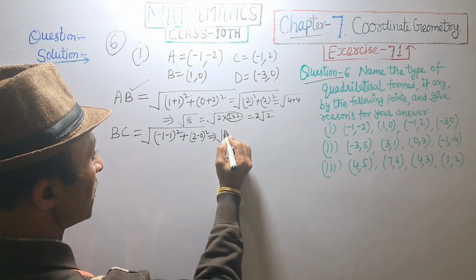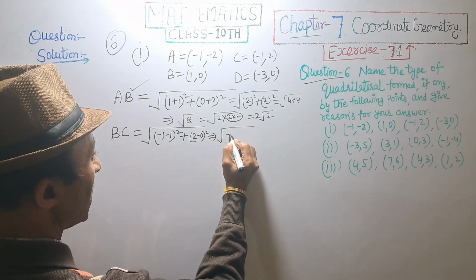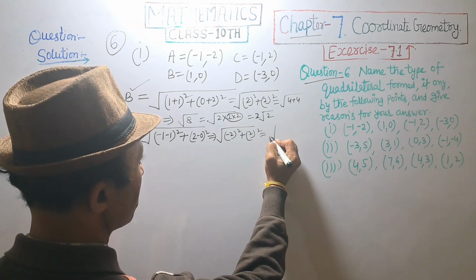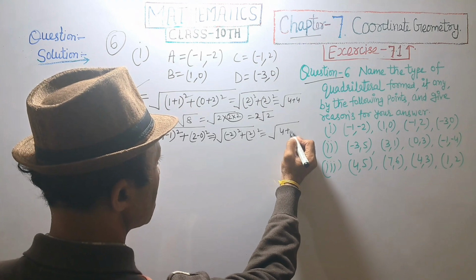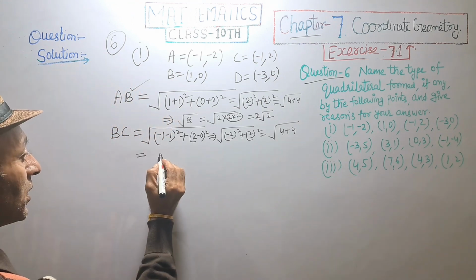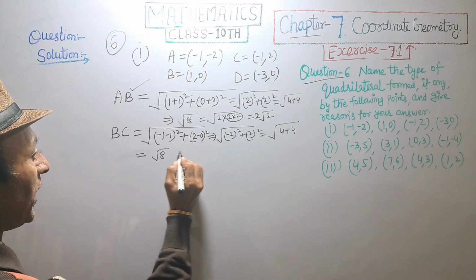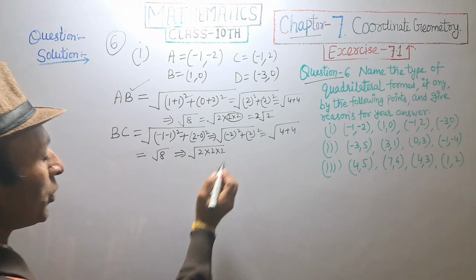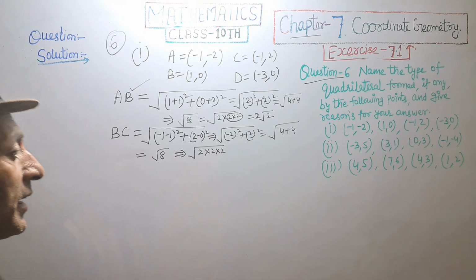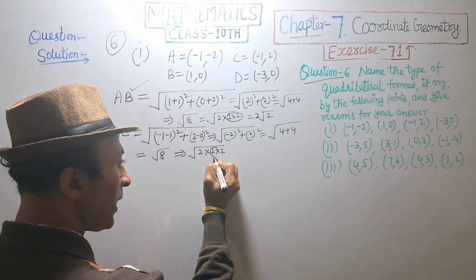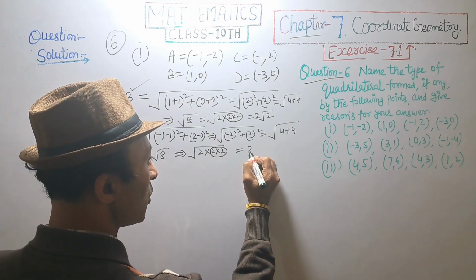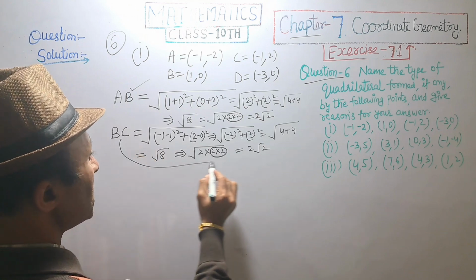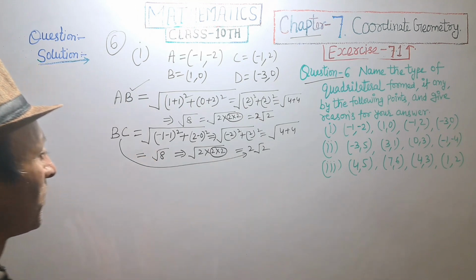This implies under root of (1 minus 2) square plus 2 square, that is equal to 4 plus 4, which is equal to under root of 8. Under root 8 can be written as 2 into 2 into 2 by prime factorization, and taking one pair of 2 common, we get 2 root 2. So BC is equal to 2 root 2.